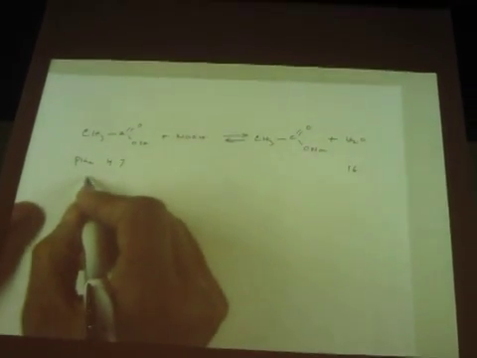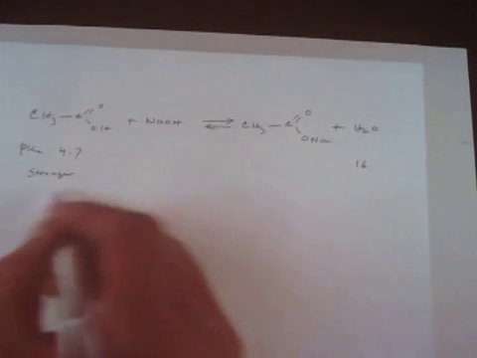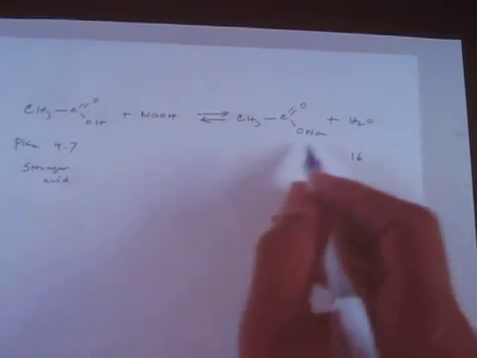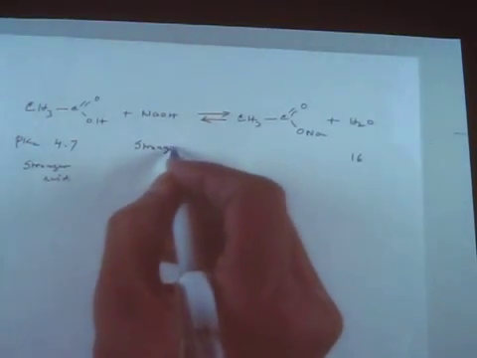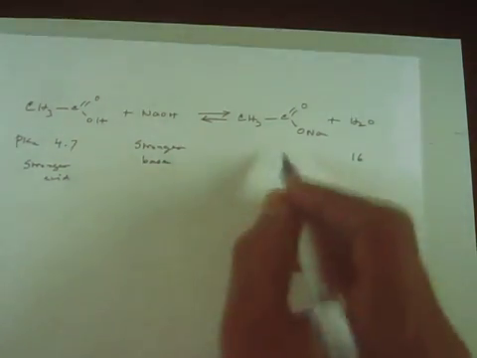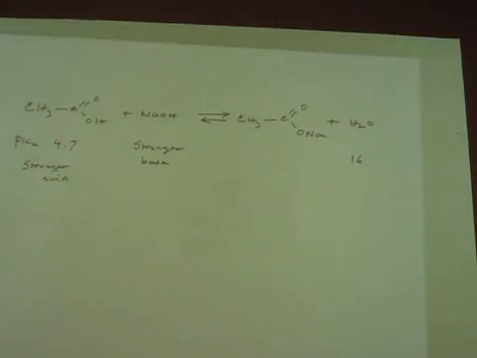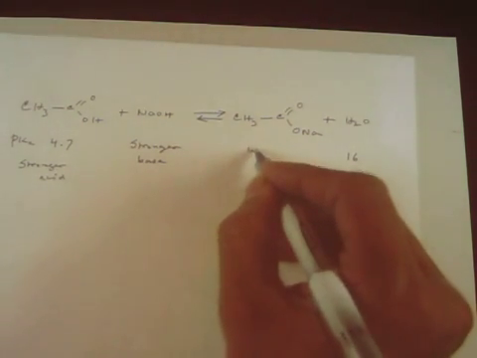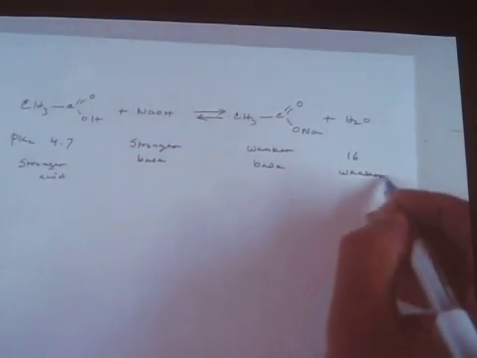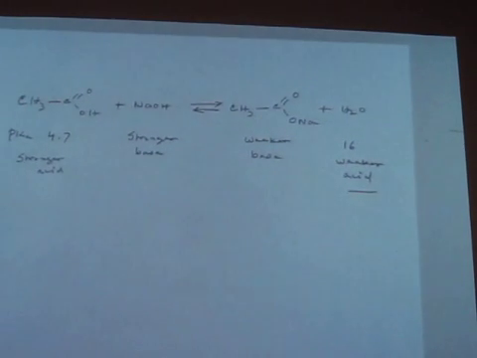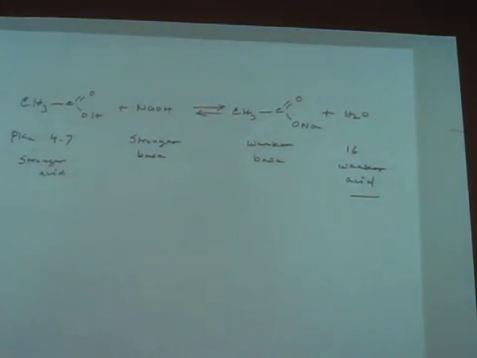Therefore, this is the stronger acid. And between the bases, sodium hydroxide is the stronger base. So for the anion, we do it by reverse relationship: stronger acid is a weaker base. So therefore, a carboxylic acid with a base, as long as the base is as good as sodium hydroxide, can form a salt.